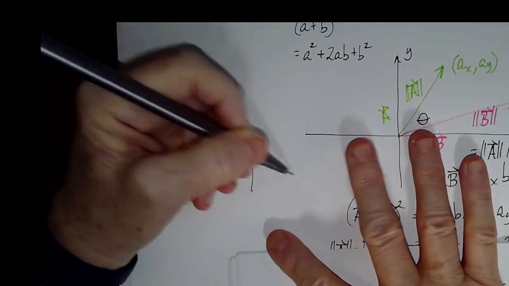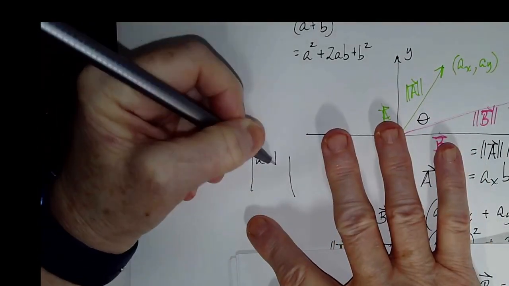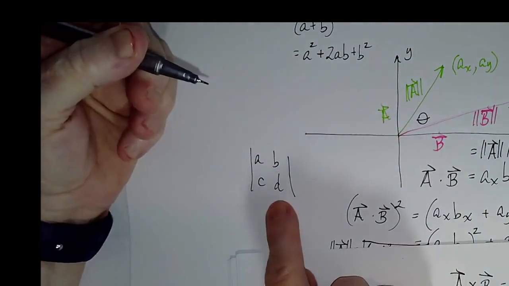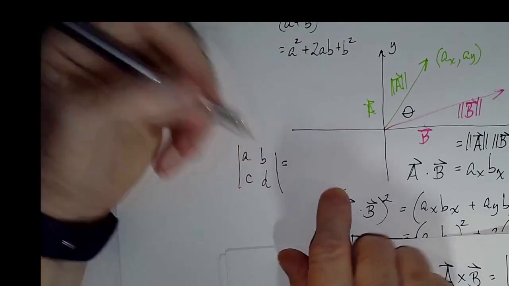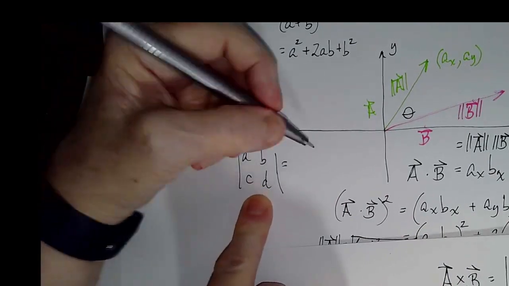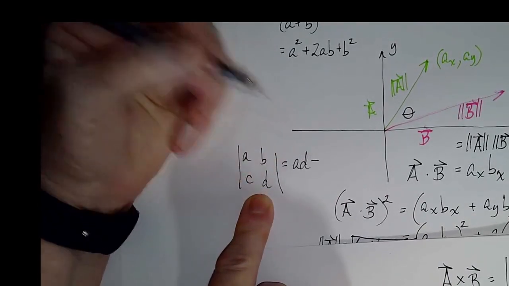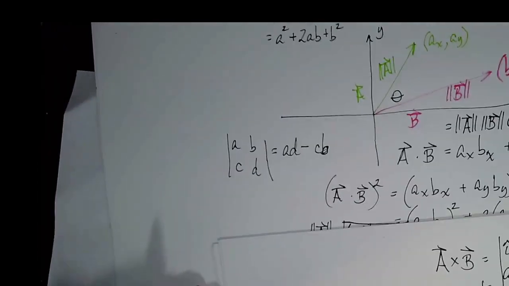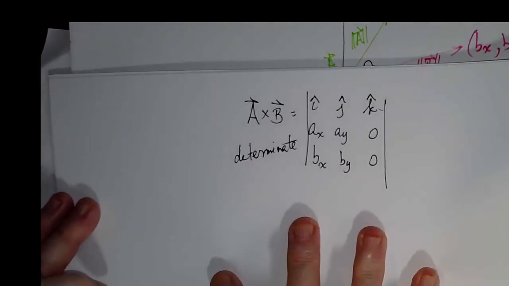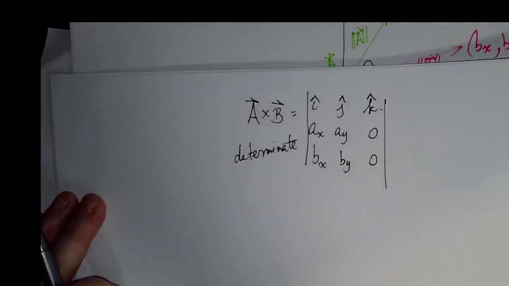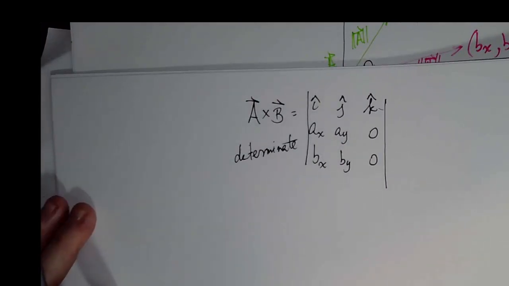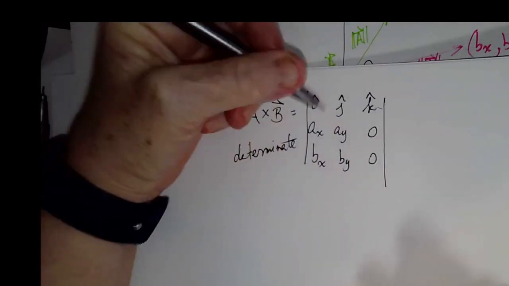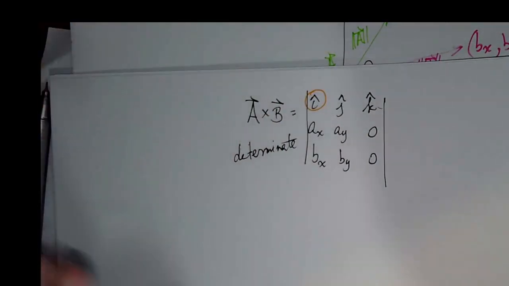One additional rule that we need is if we have the determinant of 4 things, this is the major diagonal minus the minor diagonal. And when we have a 3 by 3 rather than just a 2 by 2, we're going to have a pivot row.